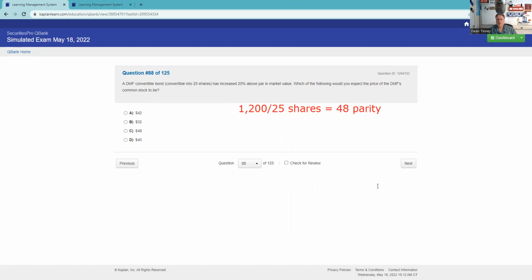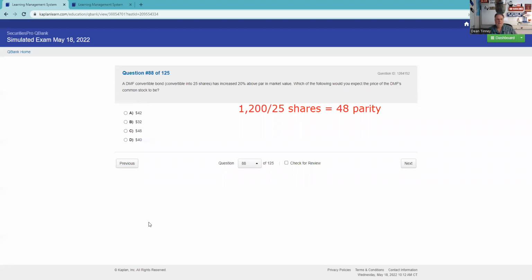So which of the following would you expect the price of DMF's stock to be? We're thinking it's being driven by the stock price. I'm going to toss out 32 because the bond wouldn't be trading at a premium, and we don't think this is based on interest rates because there's no coupon. Since there's no coupon here, I have to think the bond price has risen due to the stock price.